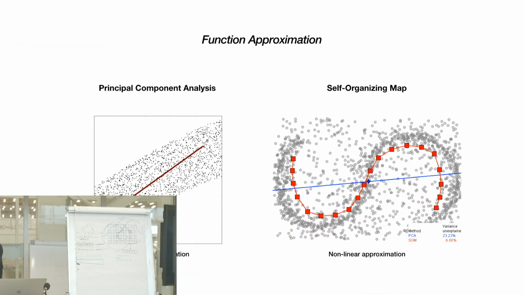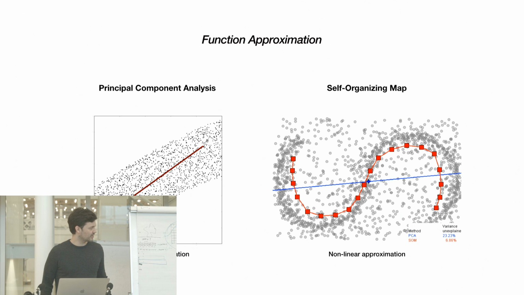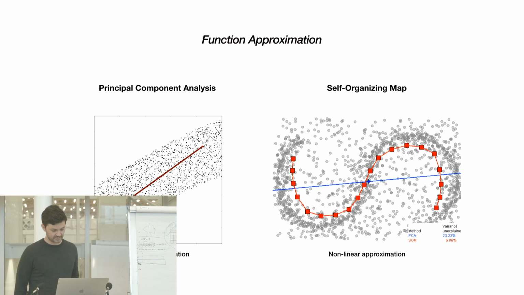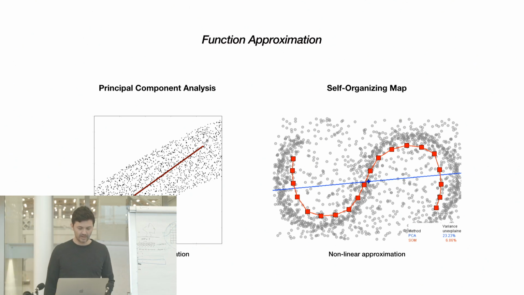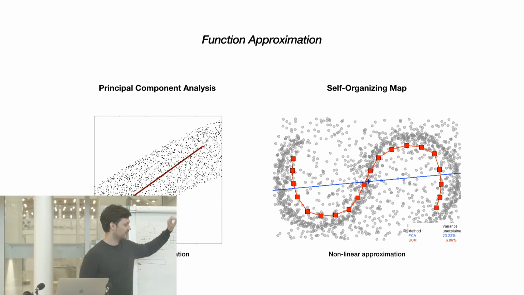Okay, so what researchers discovered in the last 10 years is that this self-organizing map is not only useful to do visualizations, but it can be used for tasks which no one ever imagined it could be used for. For example, for function approximation. Function approximation is simply: you have a certain data set, with x and y here in both cases, and for a given x, you need to predict what the y will be.